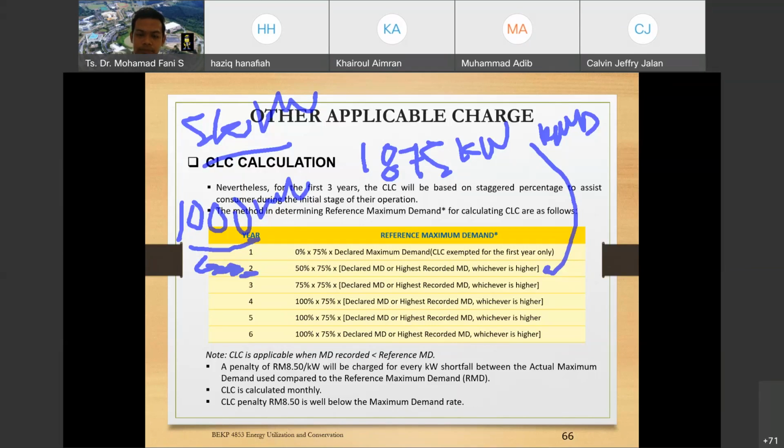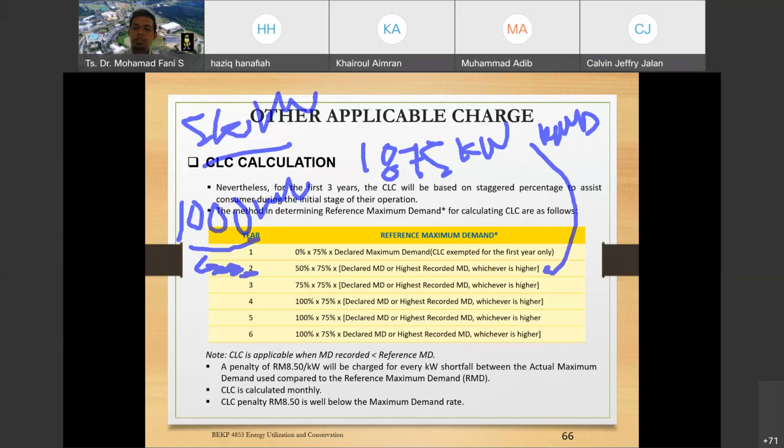Try to calculate. 7,437.5. Good. That is the charge from TNB for the CLC.